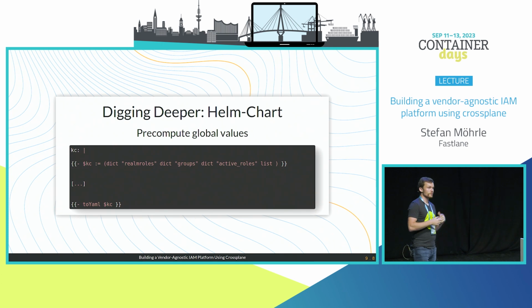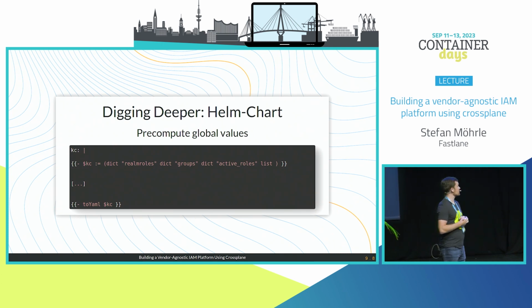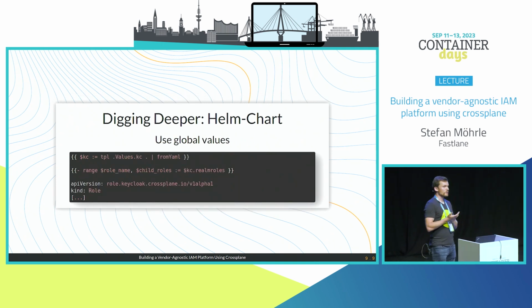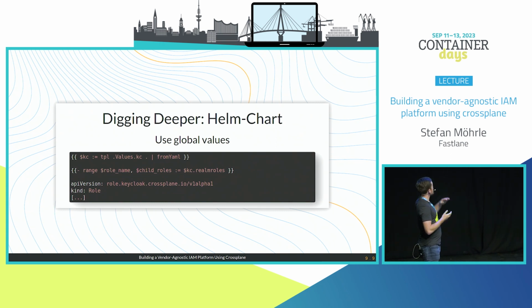Then we populate those fields, and in the last step, we are writing out that variable as YAML, and then in all the templates, we can use these predefined values. So here we are creating roles for Keycloak, and basically here we only have to iterate over a single variable to get all the relevant information. And in that part there is no more logic, so that's just an easy translation.